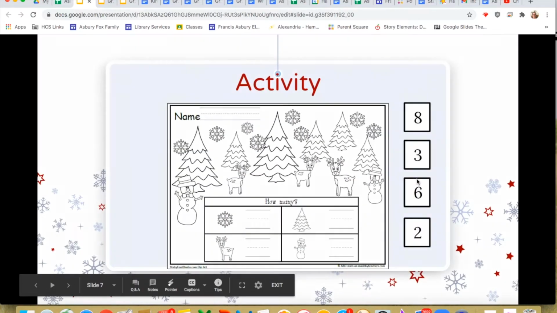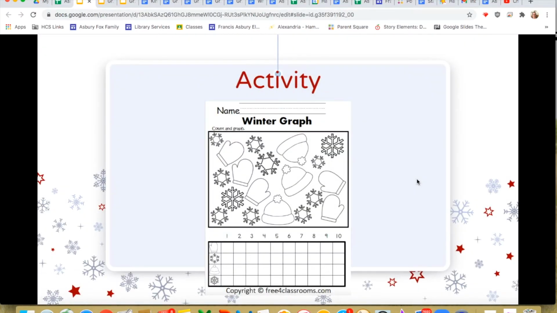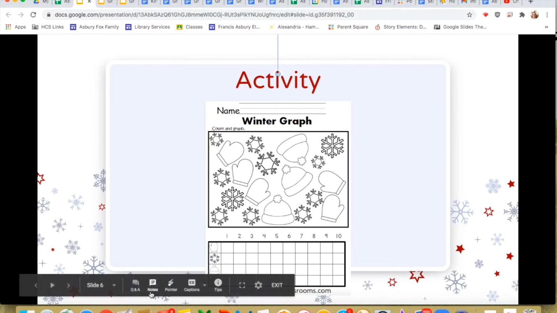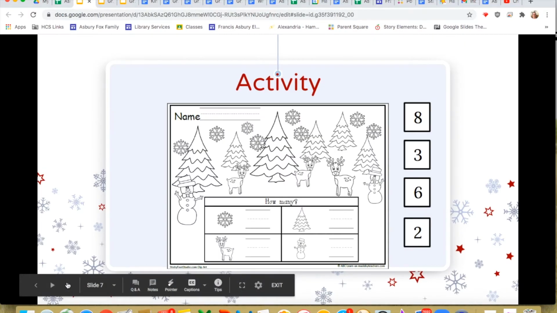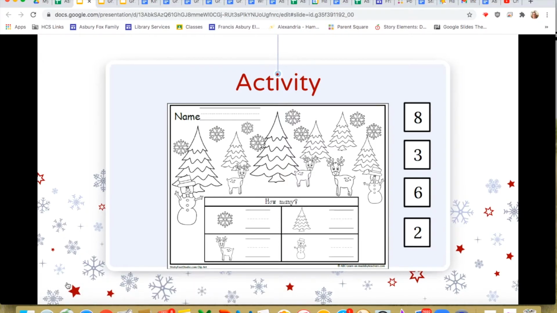Okay, so we are going to do these two activities together. One is a winter graph, and the other one is an activity where we're going to count the winter objects and we're going to write the number next to the object.